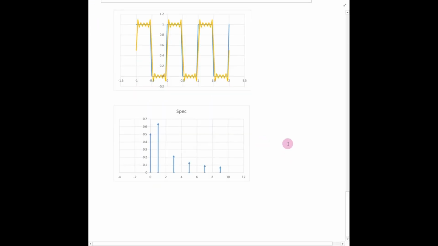At this moment, this axis is time, so the pulse shapes are plotted over time.